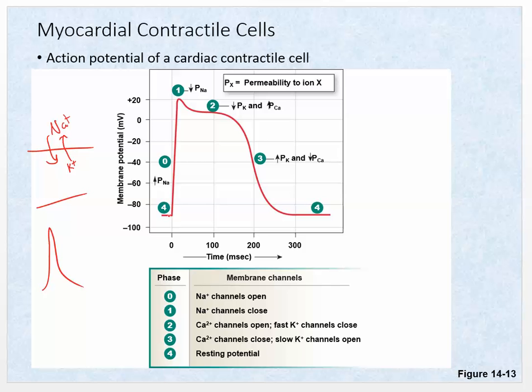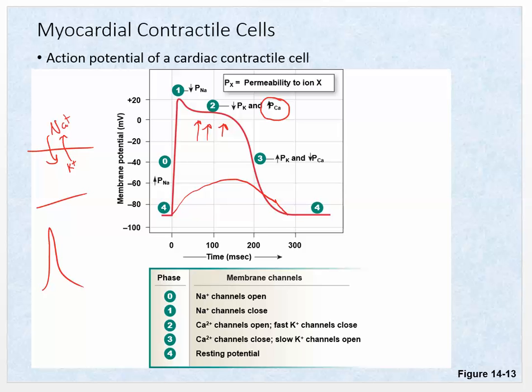So when you tell your cardiac muscle, your myocardium, to depolarize or to contract, it contracts, and then there's no more signal you can give it because it's still depolarized. That's very important, and that's because it's permeable to calcium. The calcium is still rushing in, keeping it depolarized, and so it can't depolarize again until a complete contraction has taken place. I hope that makes sense.